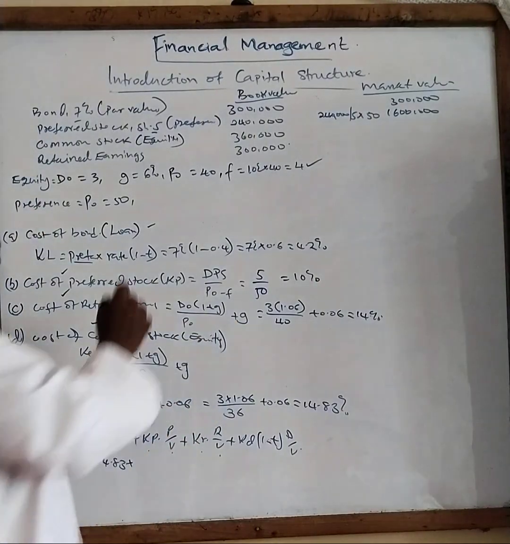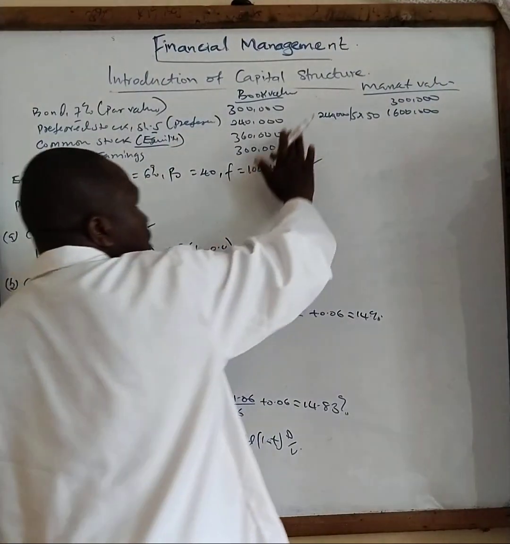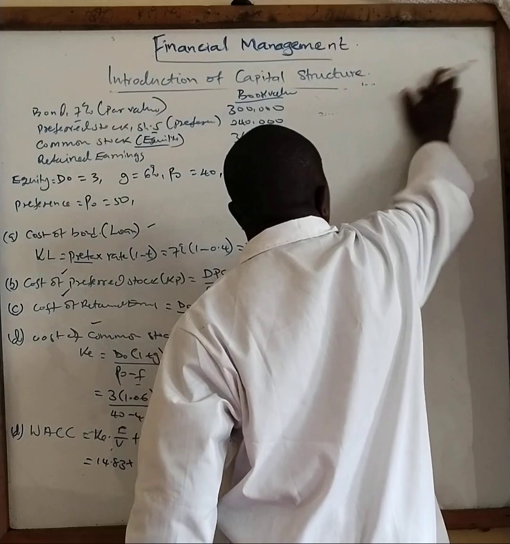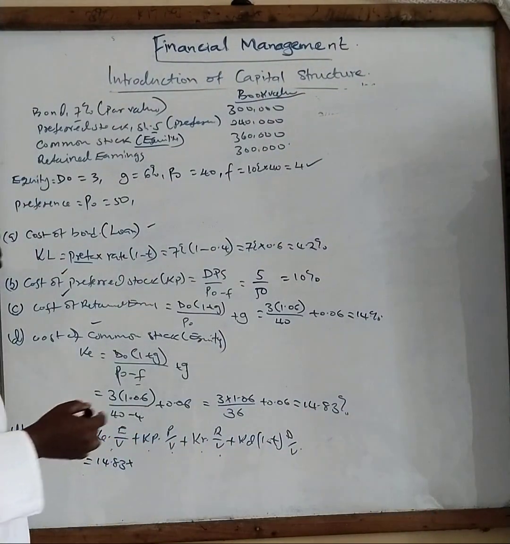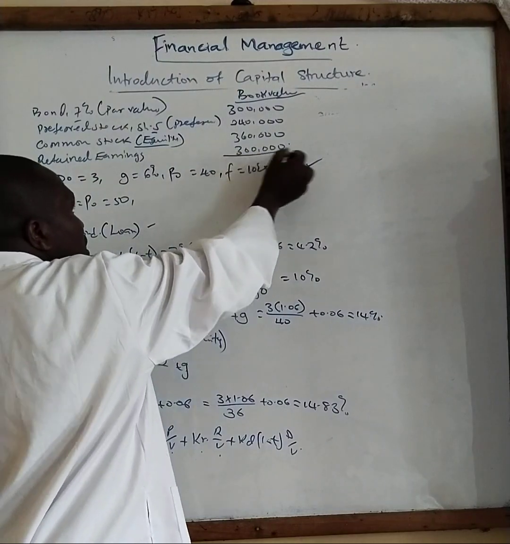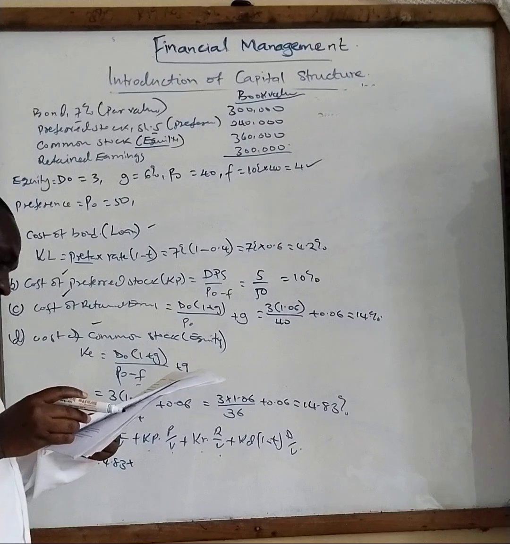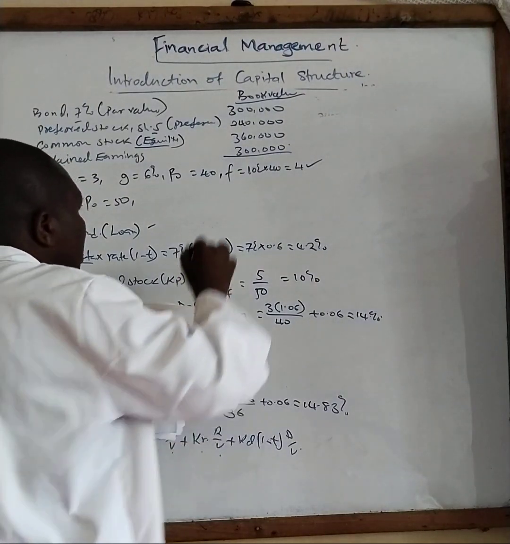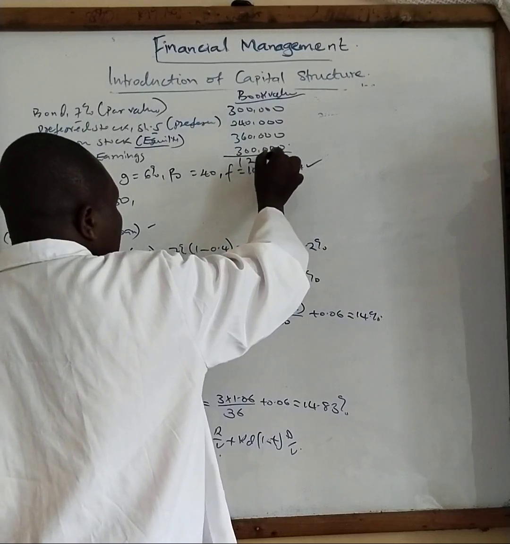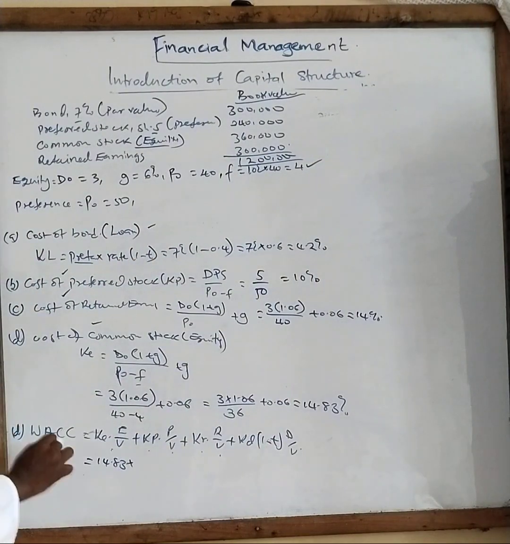And because I don't know exactly the book value for the equity, I will not use the market value, but I will use the book value to calculate this. So what is the total book value here? You add all that. If you add, what do you get? 1,200,000. So this is my book value.